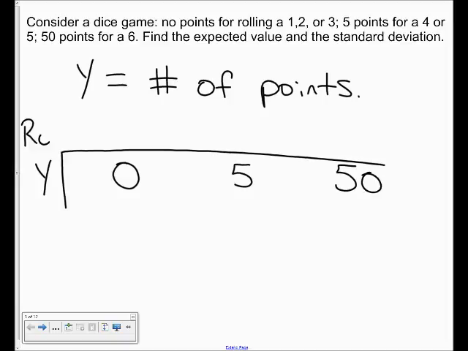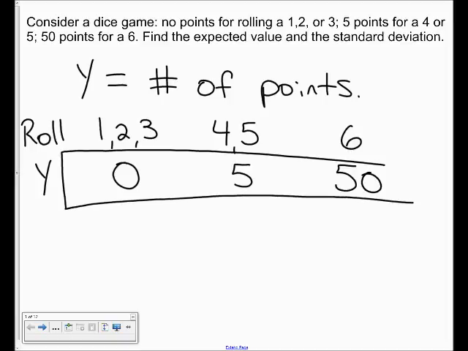But it also depends on what I get in my roll. So if I roll a 1, 2, or 3, I get no points. If I roll a 4 or 5, I get 5 points. And then if I roll a 6, I get 50 points. Okay, but each of those outcomes is not equally likely.